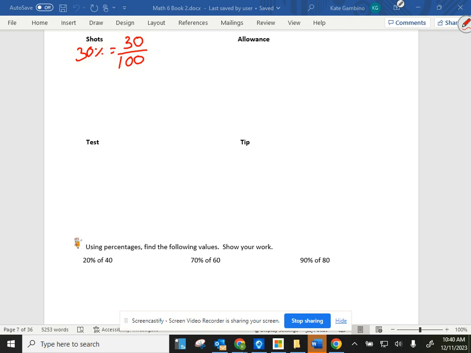You can divide it by 10, getting 3 over 10. So that's just simplifying it. It's not always going to work out where we could simplify it and get an answer. This time we actually can, but it's not always like that. What do you think, Madeline?